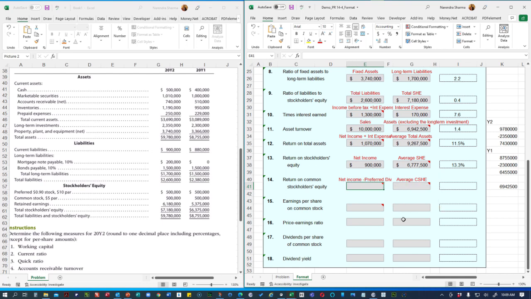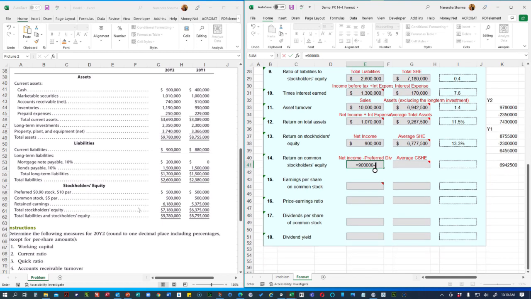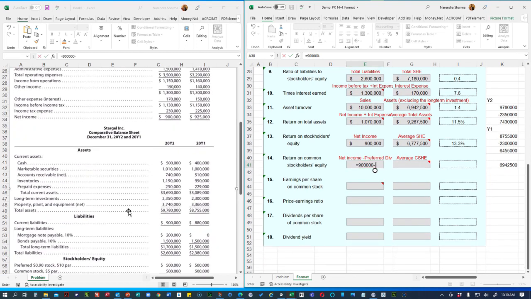All right, so let's start with this one. Net income, of course, is 900,000, minus, of course, the dividend. Here we see the preferred dividend. So how much is it? Let's see the information.